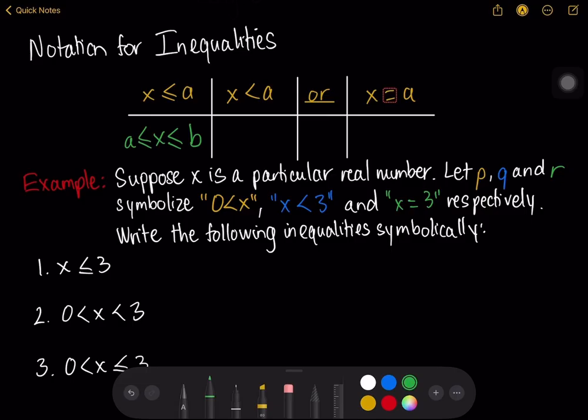This one means a less than or equal to x and x less than or equal to b. And by this one, using the above, we could say a is less than x, or a is equal to x, and x is less than b, or x is equal to b.